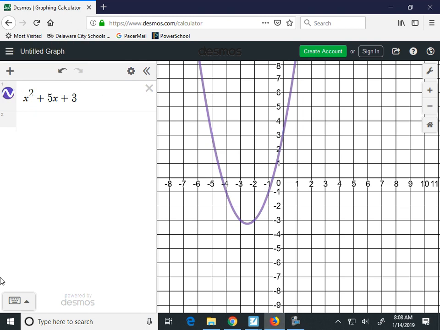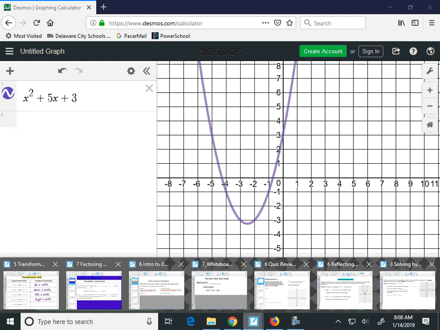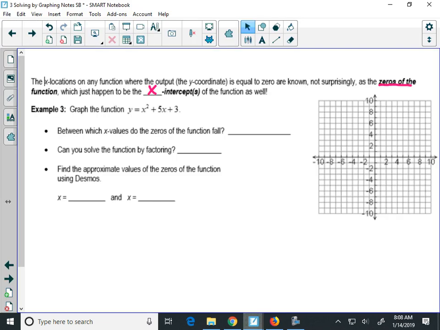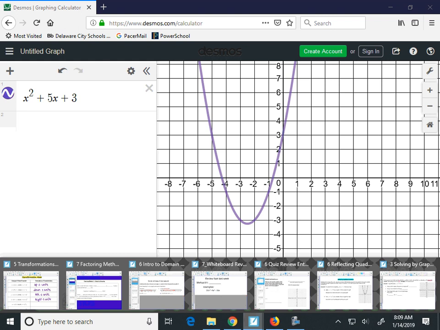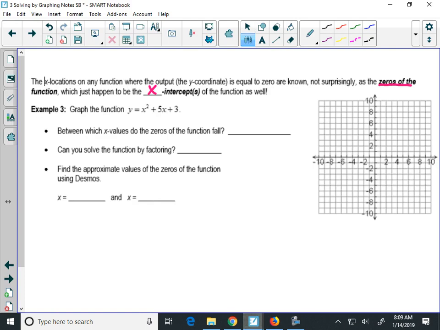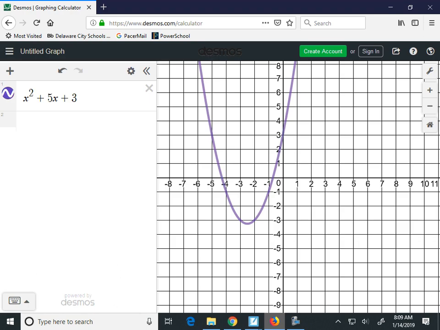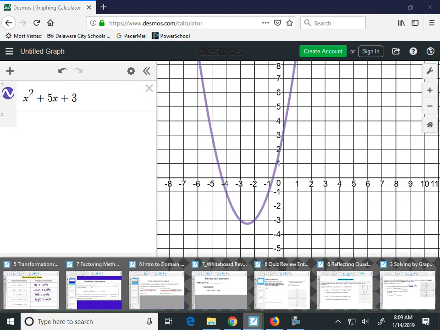The question is asking us, between which x values do the zeros of the function fall? The left one falls between -5 and -4. So we're going to say that. -5 and -4. And then the other x value looks like it falls between -1 and 0.